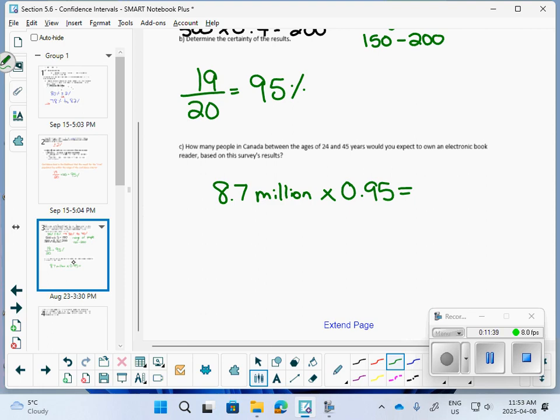You can either write it as 8,700,000 or you can just go 8.7 times 0.95. Choice is yours. How many did you get on your calculator? Three? I'll take all three. Then we would just write the word million after. If you typed out all your zeros, you would just have the whole number.